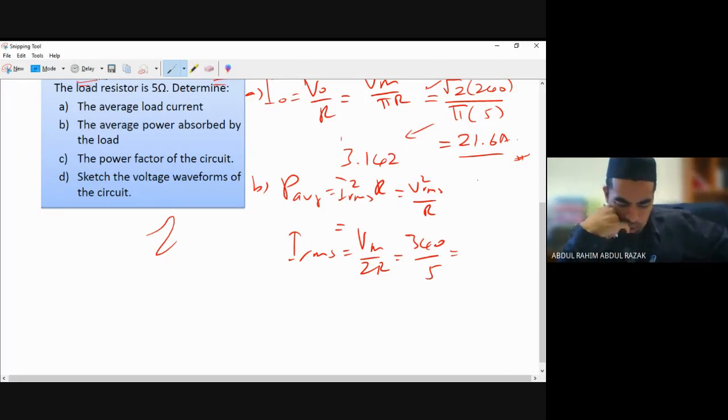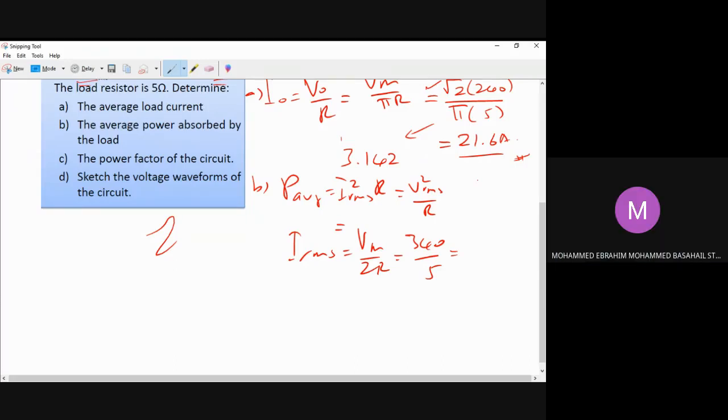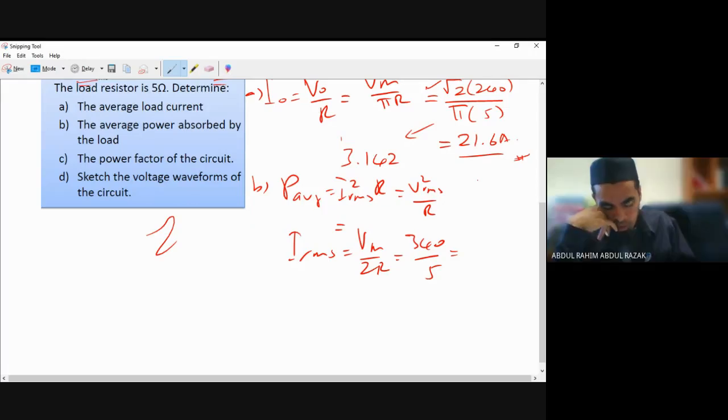How much do you get? 21.6, your average.